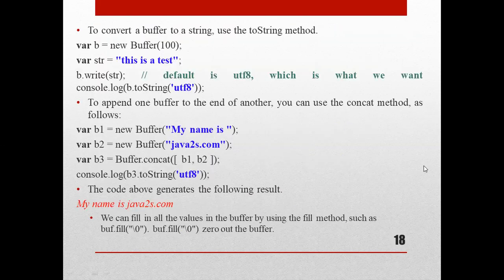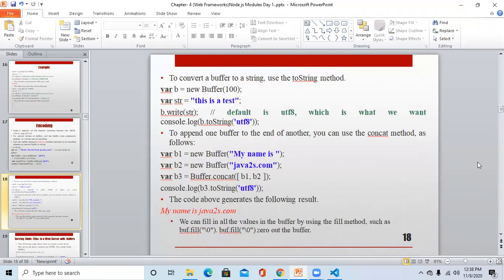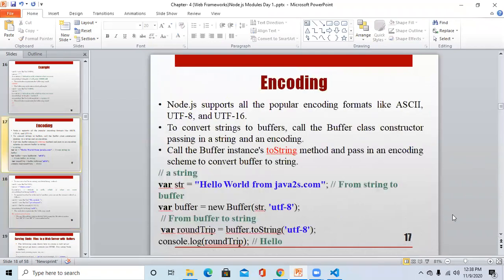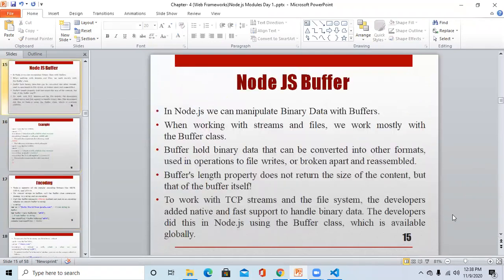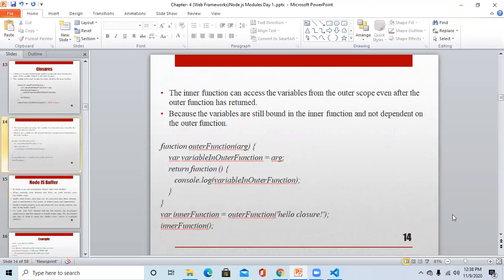So that's it for today's session. We have seen how to execute sample code in Node.js, what a buffer is, and encoding techniques. Then we saw closures: how to write a function inside a function, and how to access variables from the outer function in the inner function.